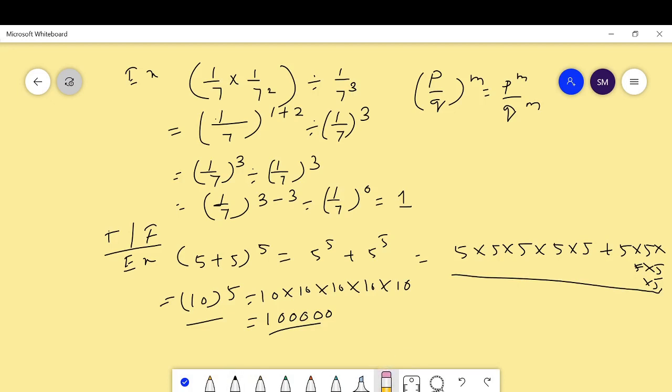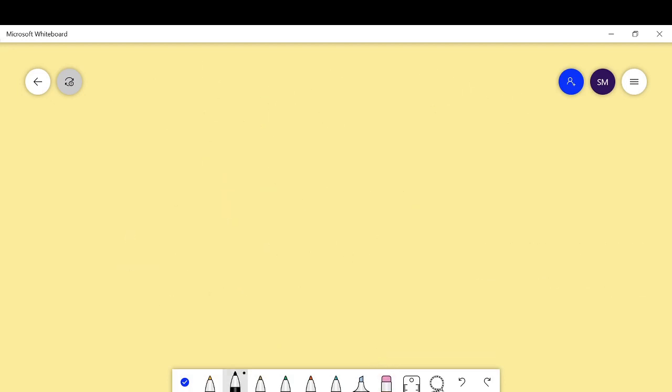Let us think some more properties of exponents. I have already told you the property: x to the power minus m is equal to 1 upon x to the power m. Suppose 5 to the power minus 3 is equal to 1 upon 5 to the power 3.